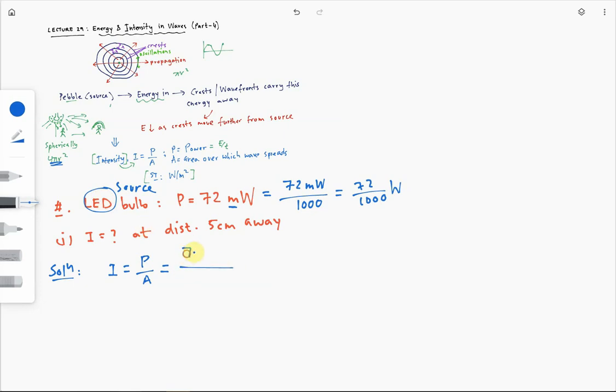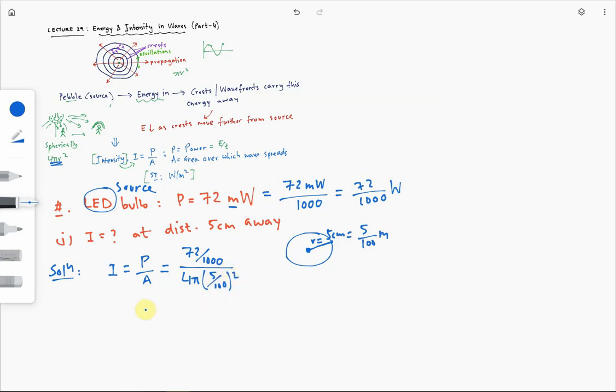So for power we write down 72 over 1000, and for area we write down 4 pi r squared. What is r? Well, r is the radius of a sphere, and for a spherical wave from a source to where you're standing 5 centimeters away, r is 5 centimeters, or 5 over 100 meters.